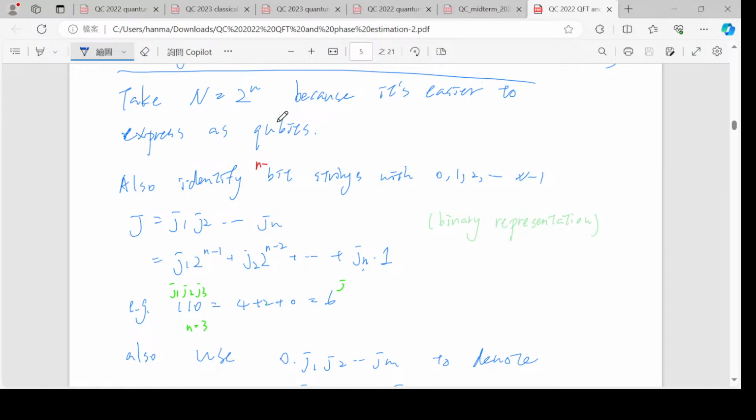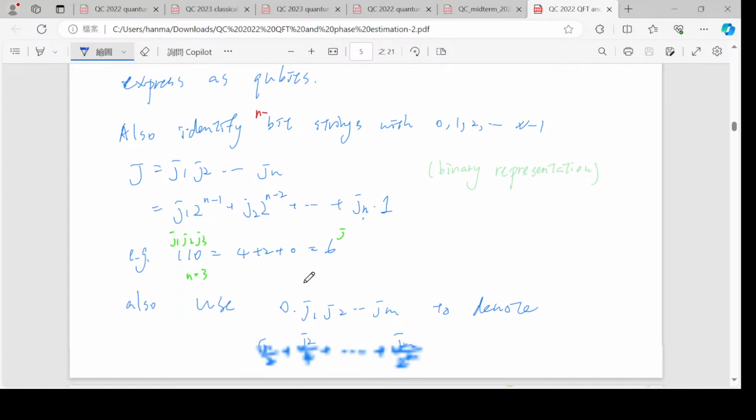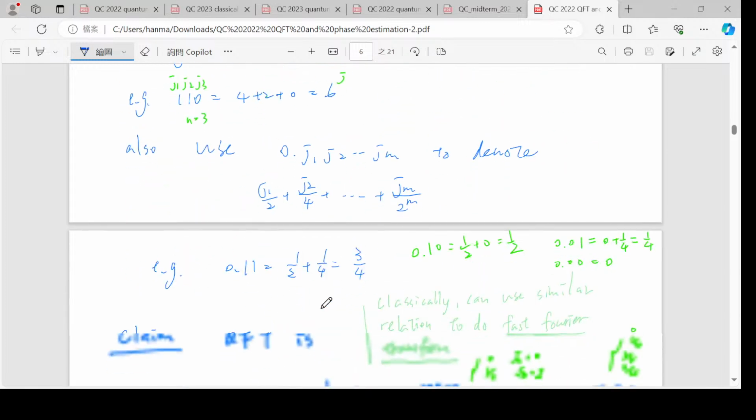We usually begin with n, and we write numbers in binary. Say the decimal number 6 is 110, and we also write fractional numbers in binary. This is less standard than the things you see in CS, but I think it is pretty intuitively defined.